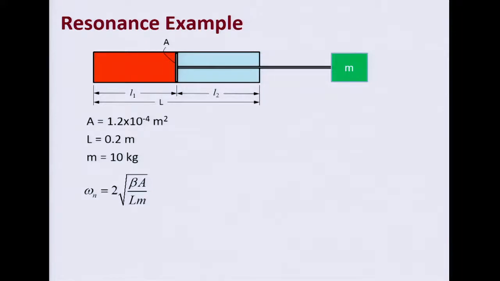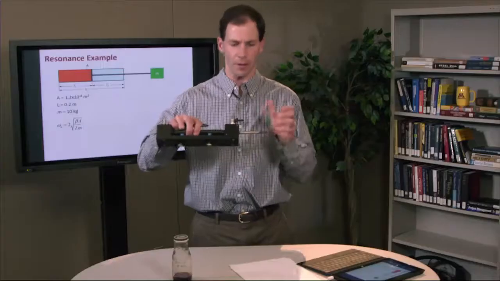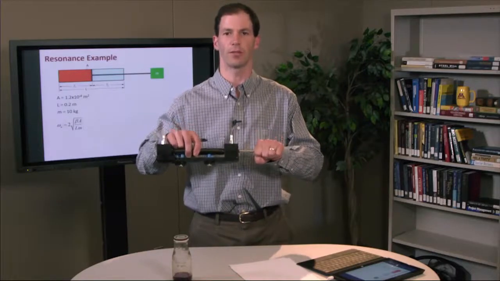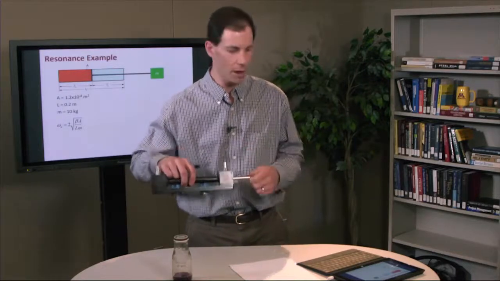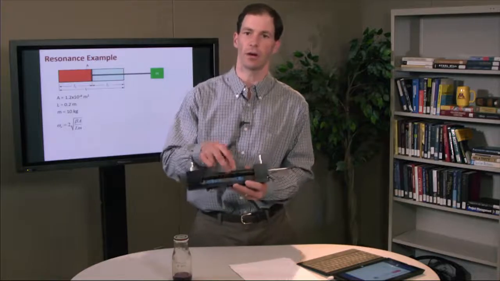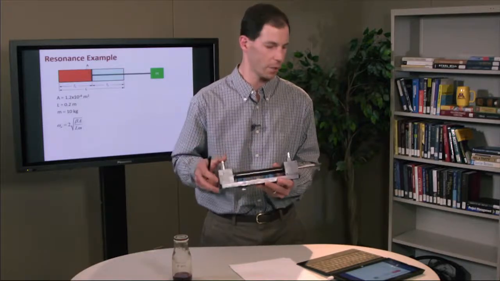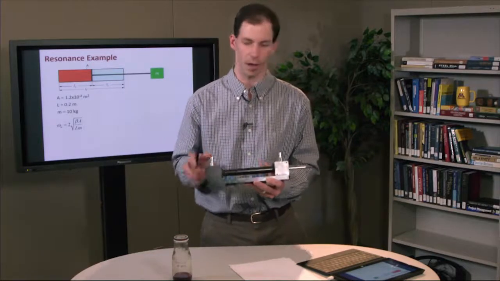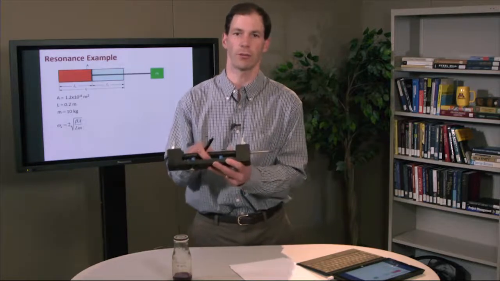So let's now do an example calculation for this hydraulic cylinder here. Let me say I'm going to add a chunk of mass onto the end of this, 10 kilograms, and I've measured the cross-sectional area of it, 1.2 times 10 to the minus 4th meters squared, and the length of the stroke here is 20 centimeters.